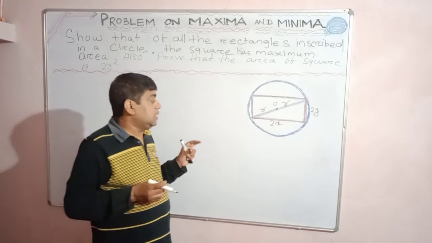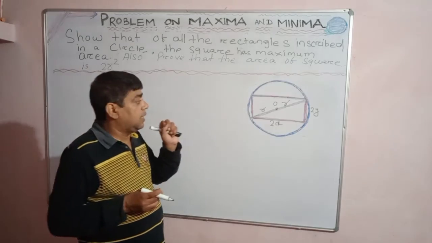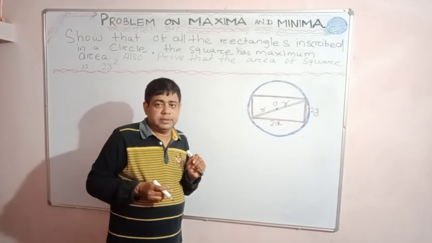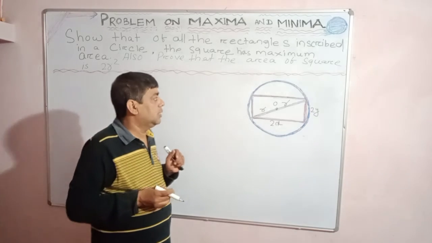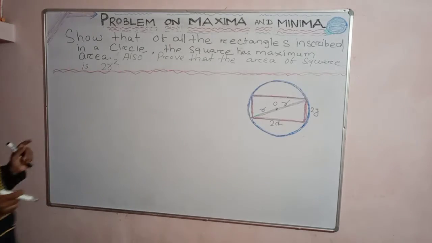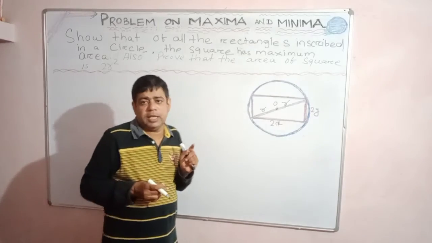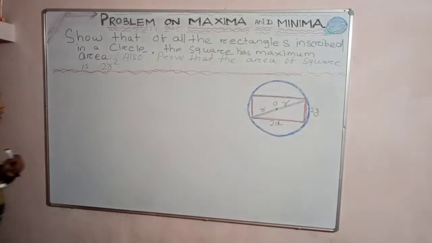It means if you inscribe a rectangle and a square, the area of the square is always larger than the area of the rectangle. And again you have to prove that the area of the square is 2r square. Okay, understand? Okay, let's start.